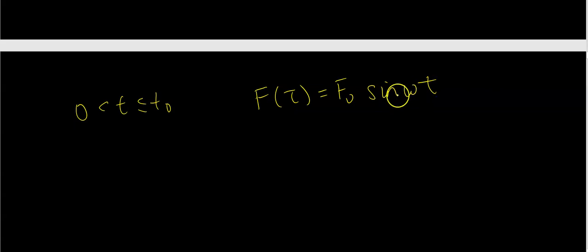And I'm not going to drop in omega as pi on t naught; I'm just going to leave it as sine omega t. But if I want this in terms of tau, then F(tau) is basically just the same expression with t substituted for tau. So you'll end up with sine omega tau.